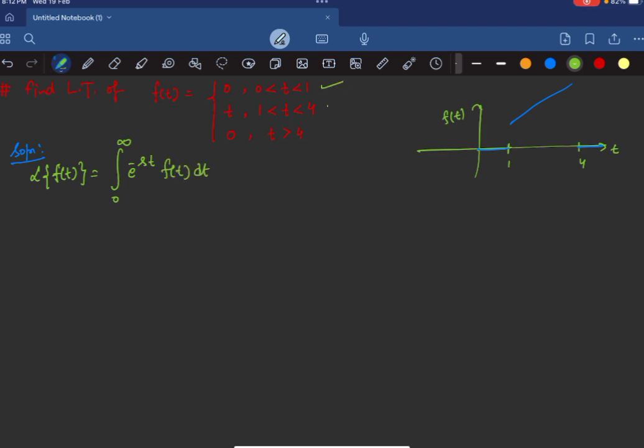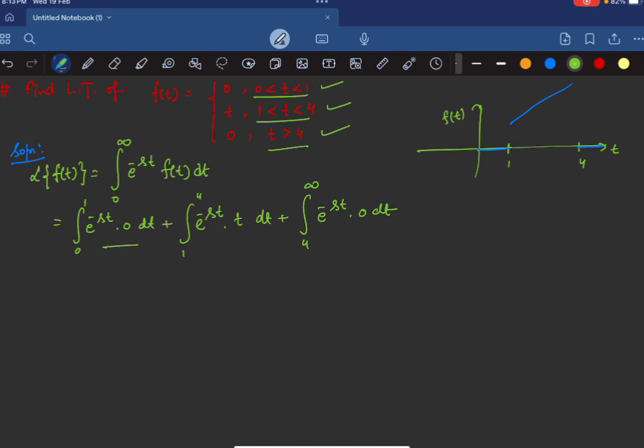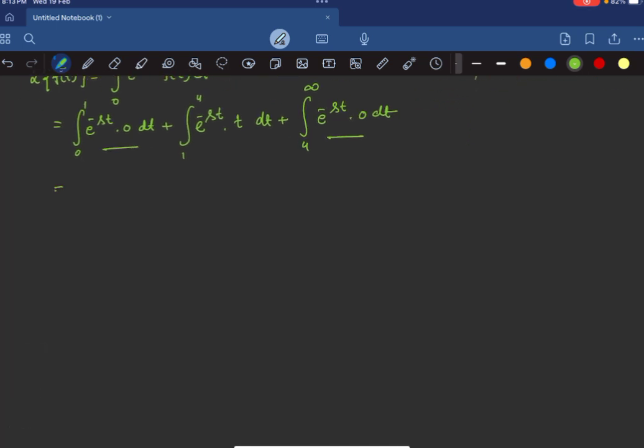When the function is given in piecewise form, you need to consider each interval. From 0 to 1, e^(-st) times the function value 0 dt, plus from 1 to 4, e^(-st) times the value t dt, plus the integral from 4 to infinity of e^(-st) times 0 dt. The first and third parts will give you 0. So the remaining part is the integral from 1 to 4 of e^(-st) t dt.